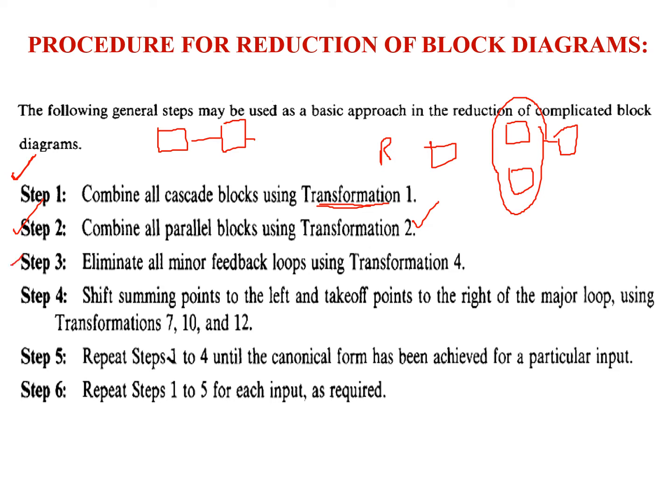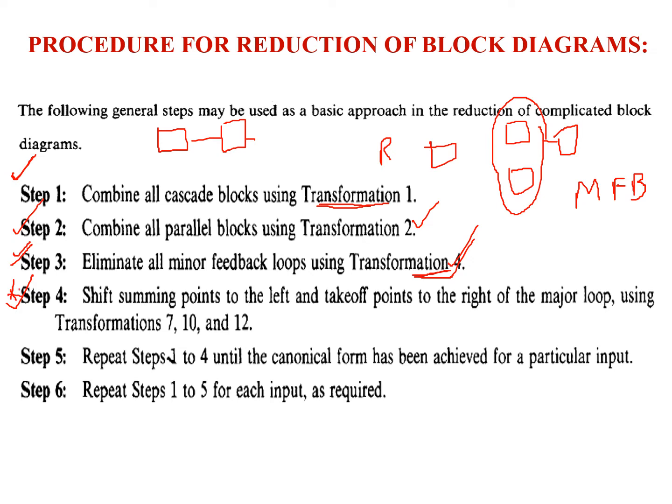And in the third step we are going to identify the minor feedback loops, and we are going to eliminate these minor feedback loops by using transformation rule 4. And the next step is very important.